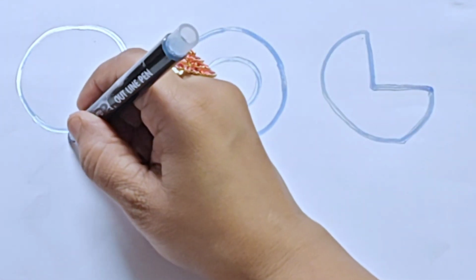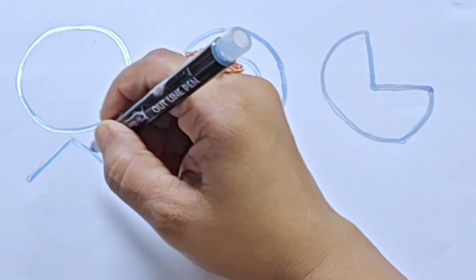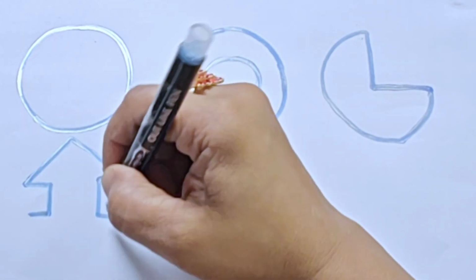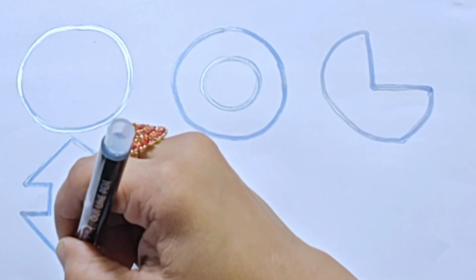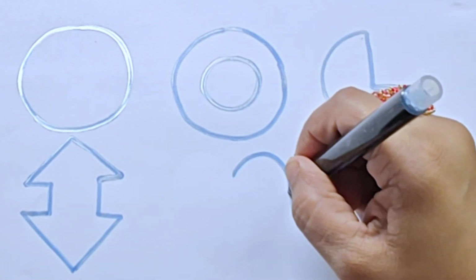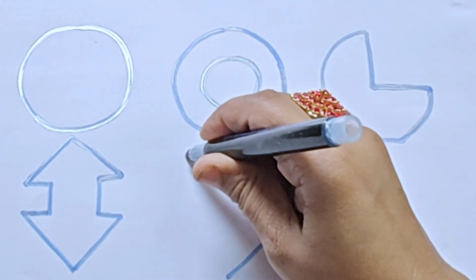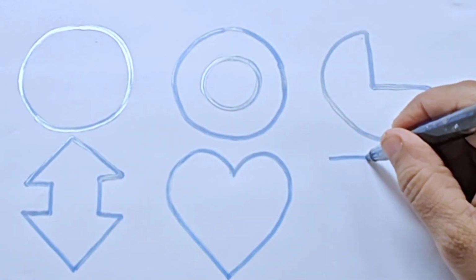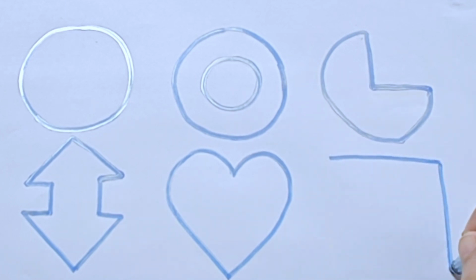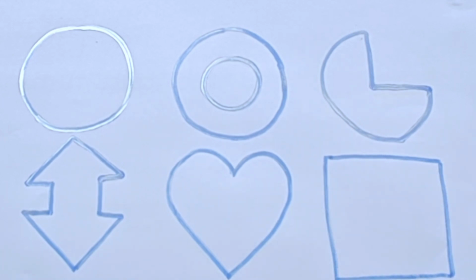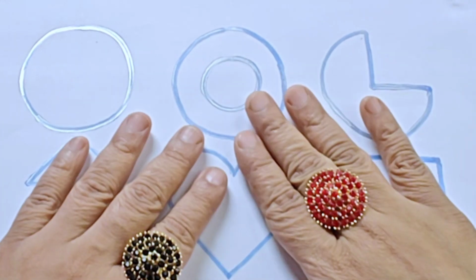It is pie. It is up down arrow. It is heart. It is square. Let us know about the color name.